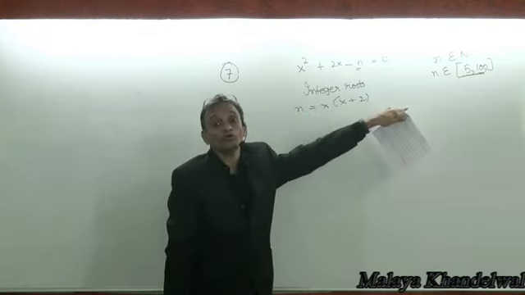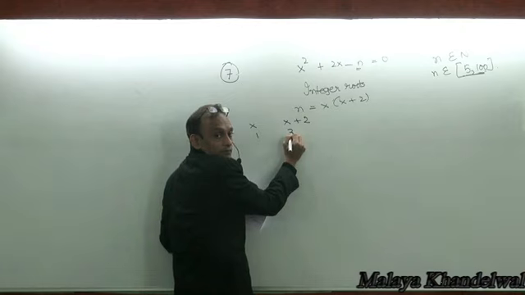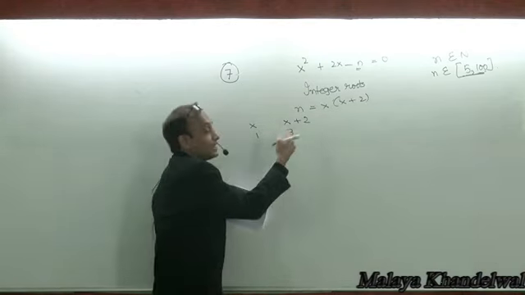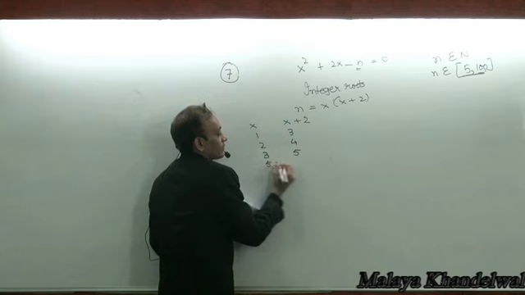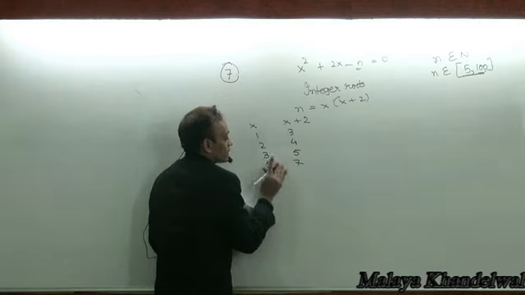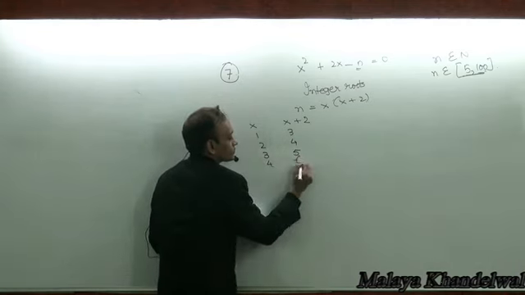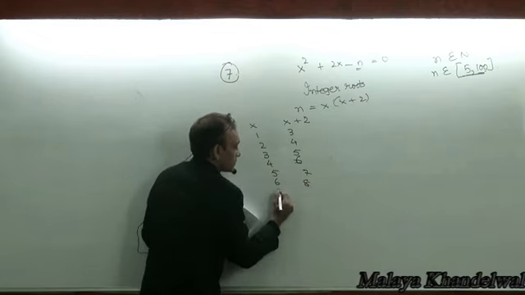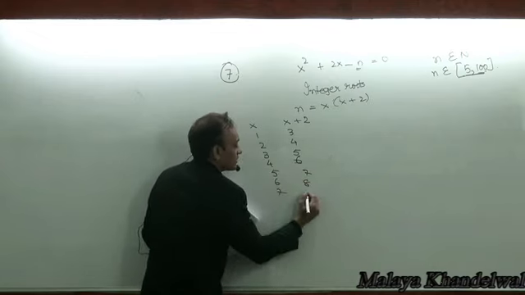So then, the x and x plus 2 combinations can be 1 and 3, for example. These are consecutive. x is 1, x plus 2 would be 3. Then 2 and 4, 3 and 5, 4 and 6, 5 and 7, 6 and 8, 7 and 9, 8 and 10, 9 and 11, that's all.